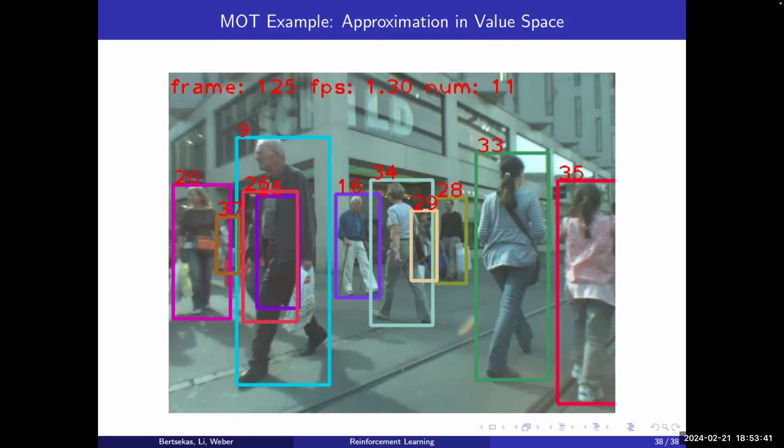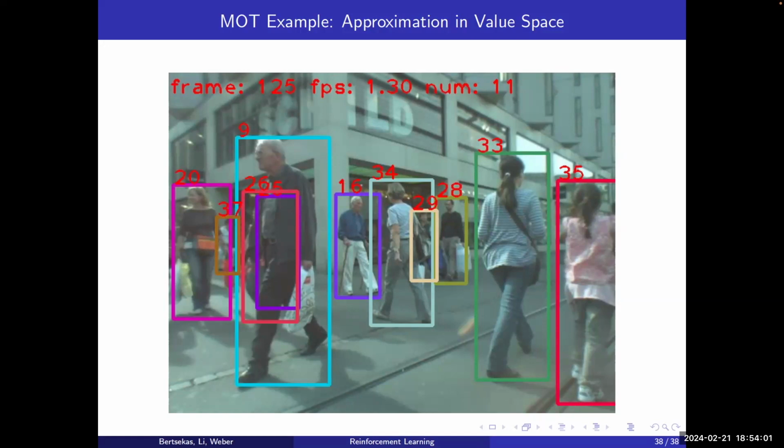And it's true, this category of method is typically known as online method, where every incoming frame you match, this is the online scheme. Our method is typically categorized as a batch method.